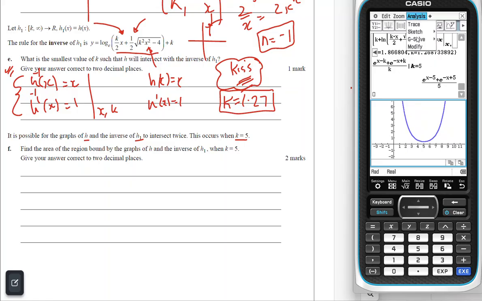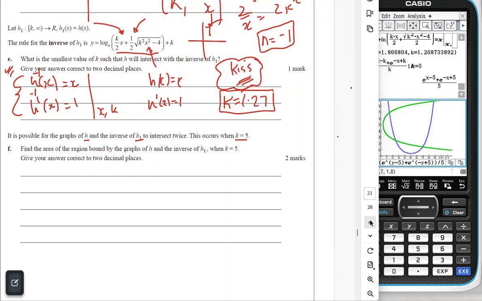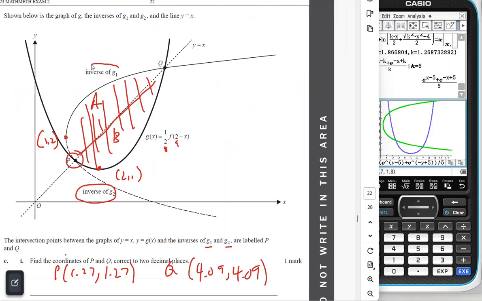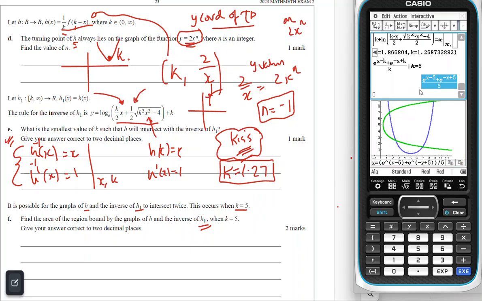And if I was to sketch the inverse, now I know previously that the G1 inverse was the top curve. So if I'm doing the H1 inverse, it's the top curve. So I'm looking for the area in here. Okay, so what I might do is find those intersection points.